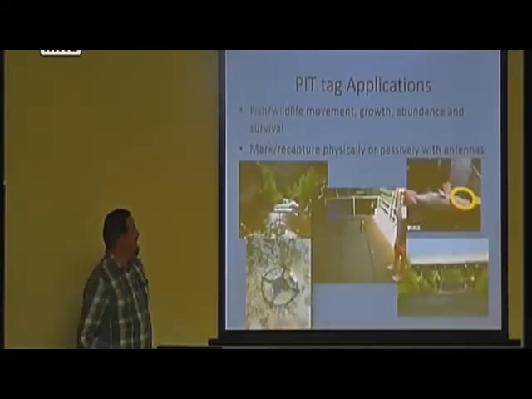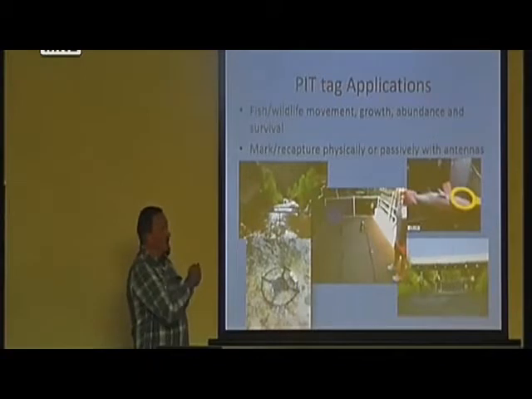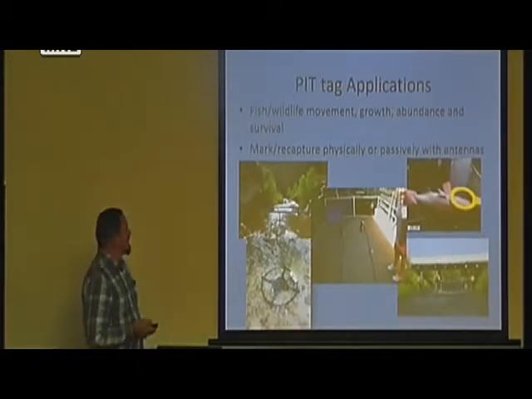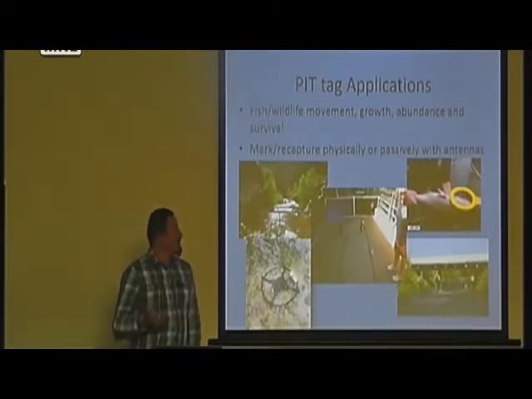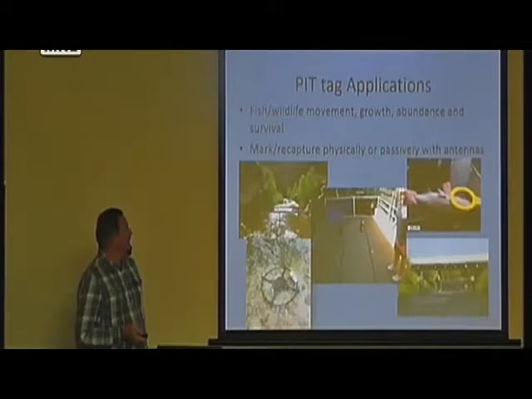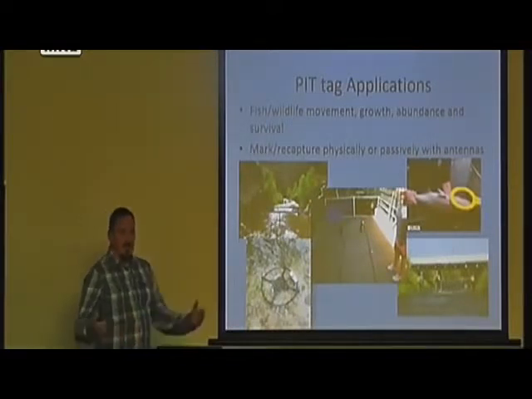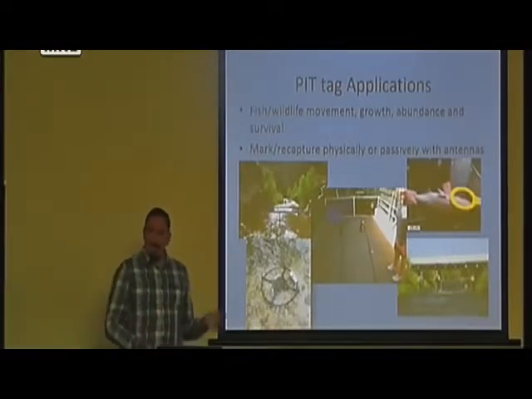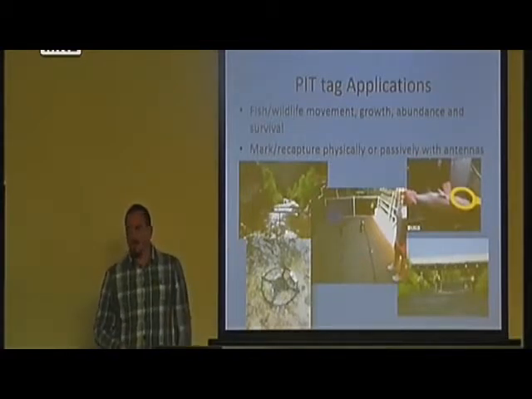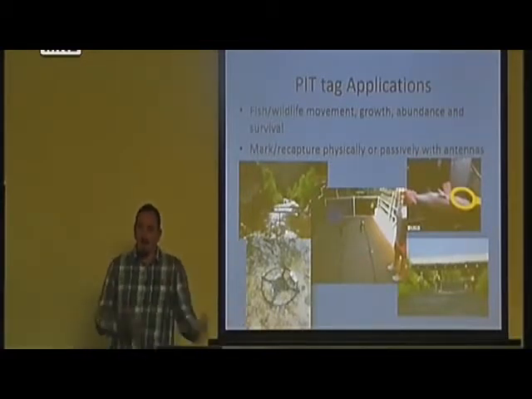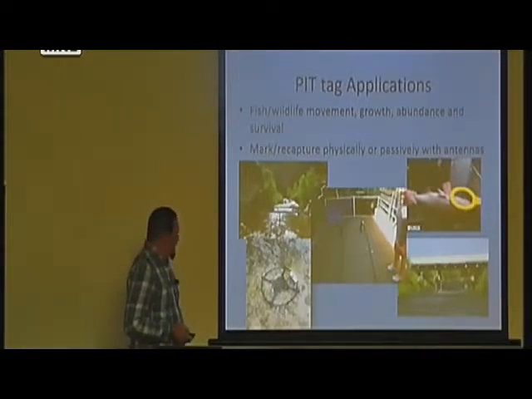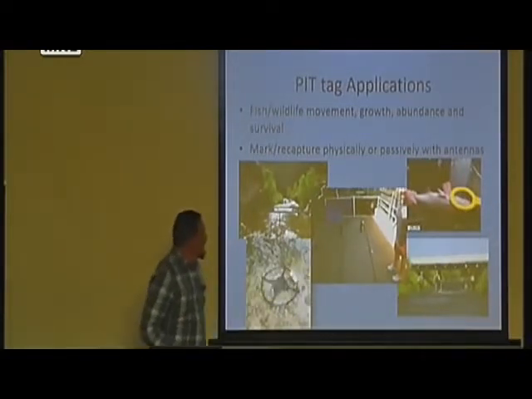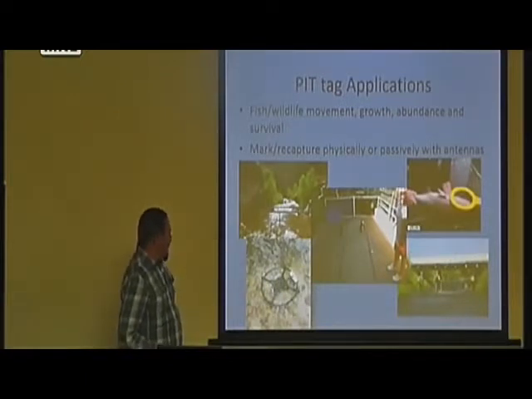It's starting to be more widely used in fish, and then wildlife movement, growth studies, abundance studies, and survival studies, and then mark-recapture studies where you're physically catching the fish again, scanning them, all over these passive antennas that are sitting in the river, and those are working 24 hours a day for you. So they're using them in South Africa for penguins and all the fish studies.